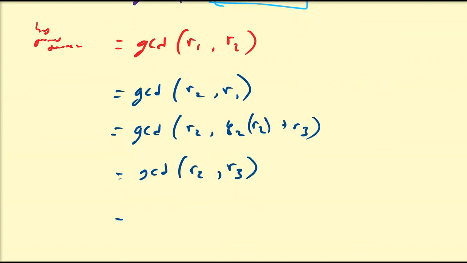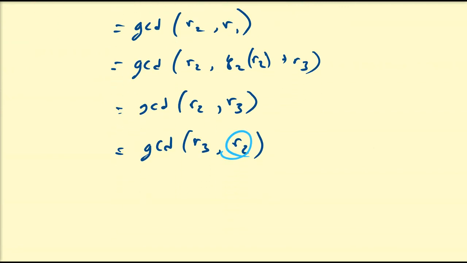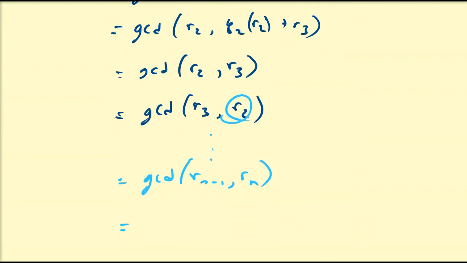And then we're going to reverse. So greatest common divisor of R3 and R2. We're going to replace the linear combination of R2 with that representation Q3 R3 plus R4, and then use that theorem continuously. And then once we get down to the bottom, we have the greatest common divisor of Rn minus 1 and Rn, right? And then finally we have the greatest common divisor of Rn and 0.